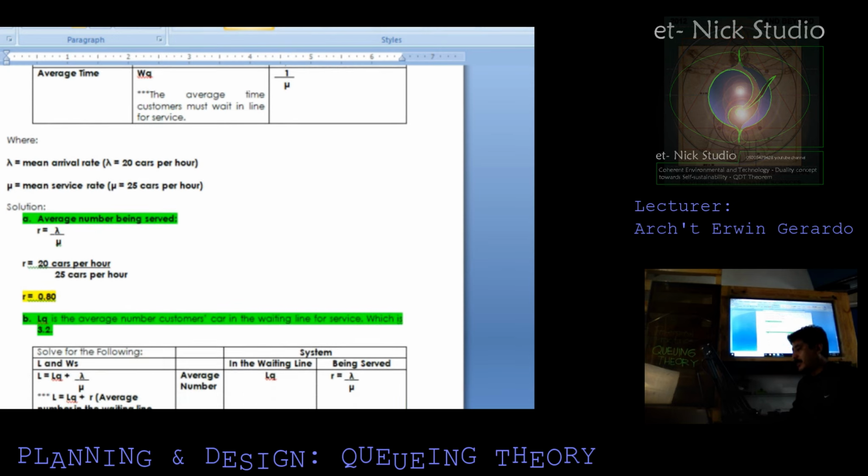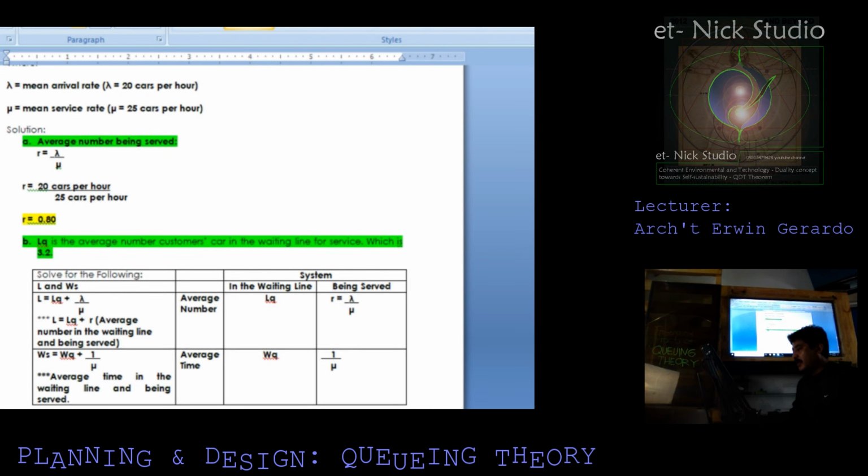So therefore, the solution: the average number being served, the rate R, is equivalent to alpha divided by mu. So here we have a rate of 0.80 or 80%. LQ is the average number of customers, or cars, in the waiting line for service, which is 3.2.